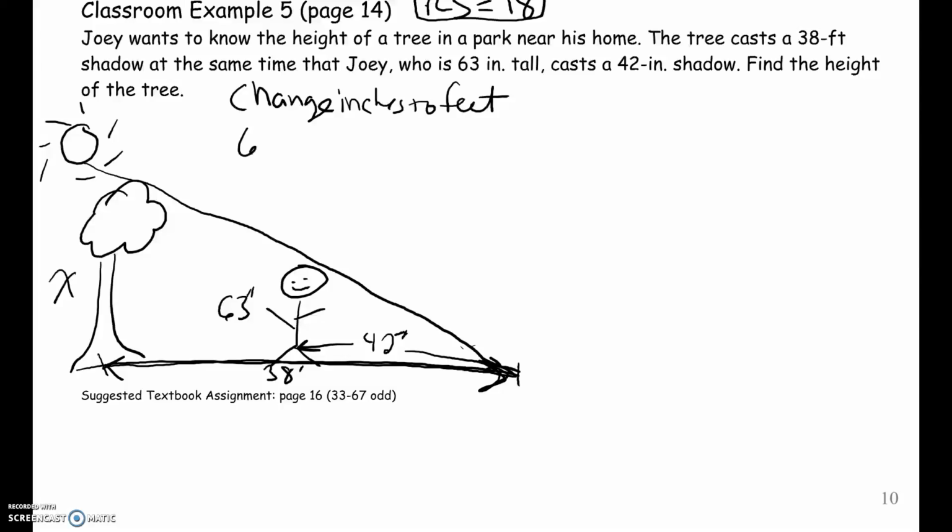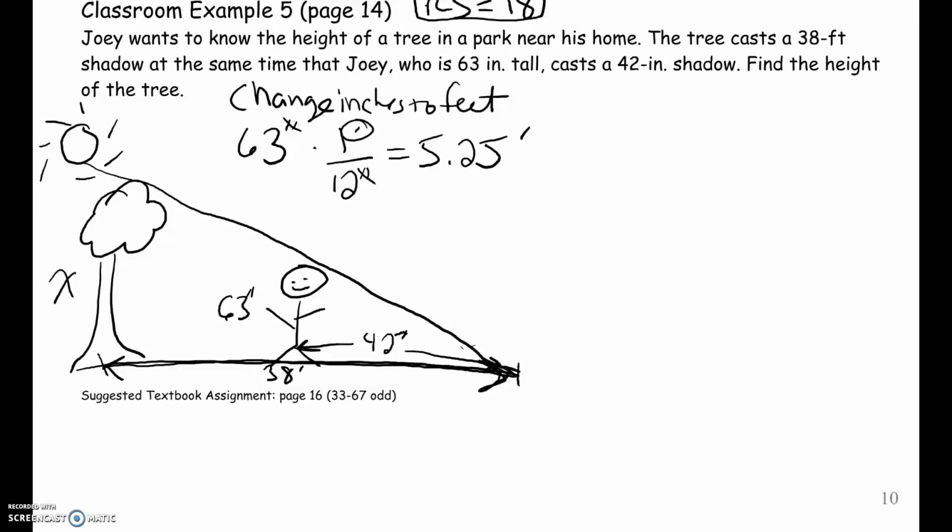Let's start with 63 inches. If I take 63 inches and multiply it by 1 foot over 12 inches, this is called a unit fraction because it equals 1. And when I multiply them together, my inches divide out, leaving me with feet. 63 divided by 12 is 5.25 feet.